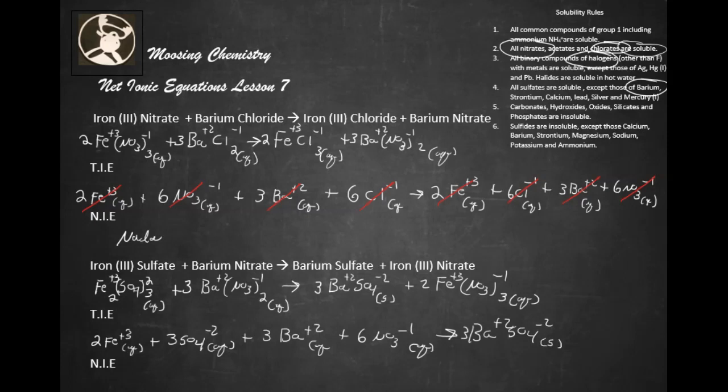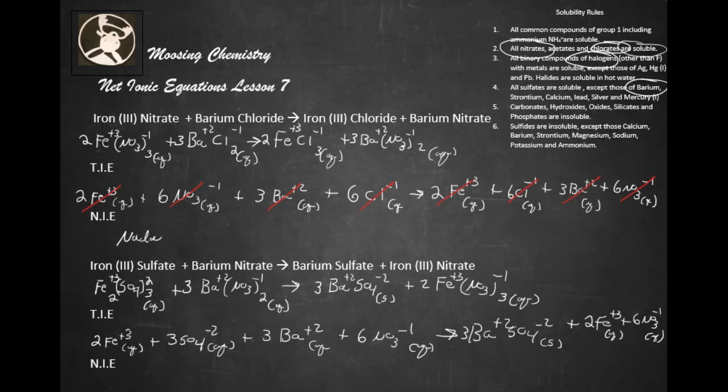Notice we don't break that apart because we can't. Can't break solids apart or liquids apart. So this would be 2 Fe plus 3 AQ plus 6 NO3 minus 1 AQ.